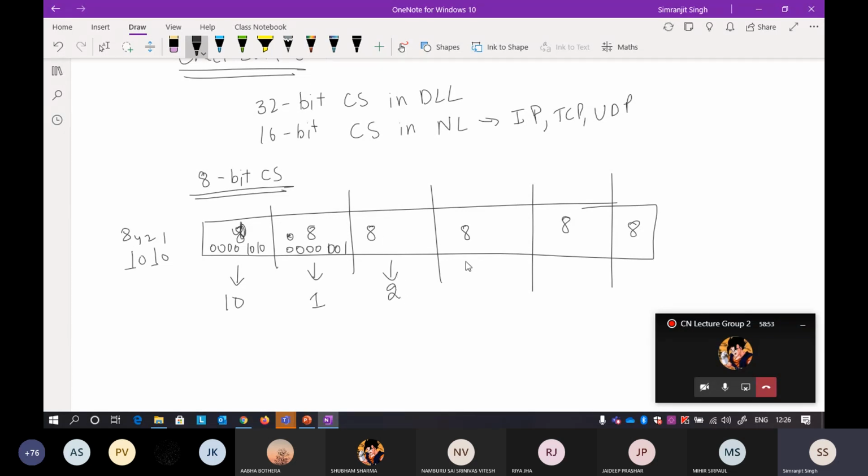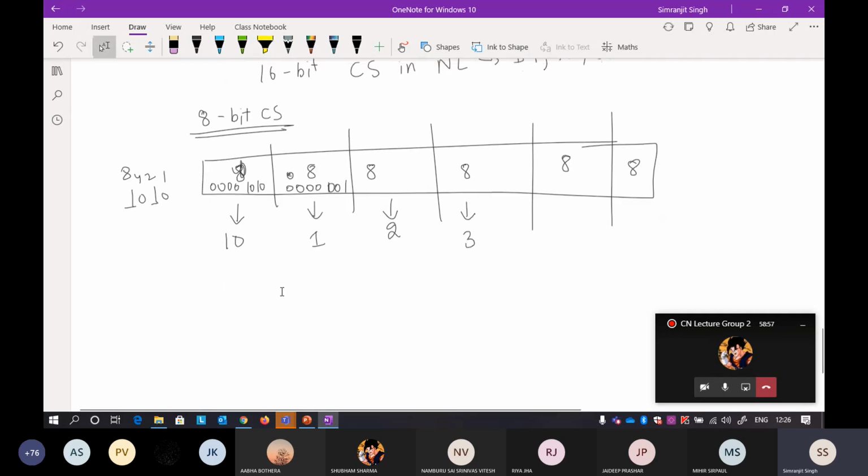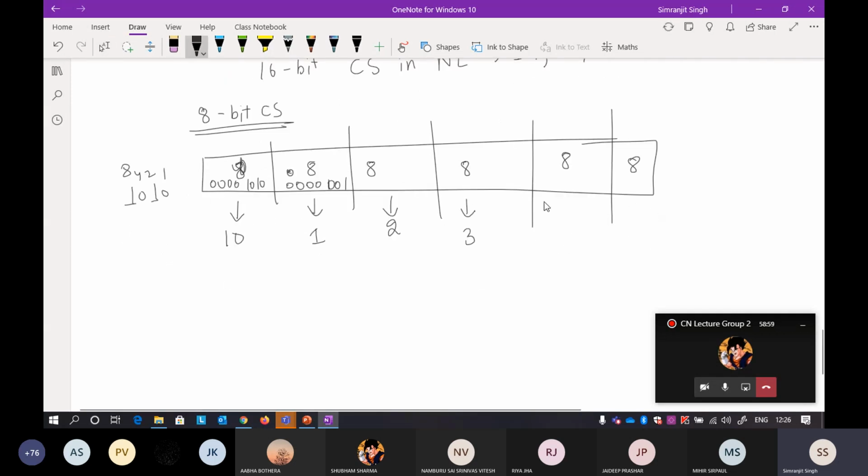Suppose I'm taking anything, you can take anything. It will not be as easy as this, but I'm just taking it. Suppose it is 6 here, there it is 5, there it is 4, there it is 1, again it is 2. Some numbers are given to you.